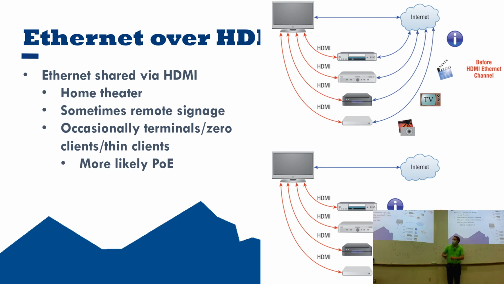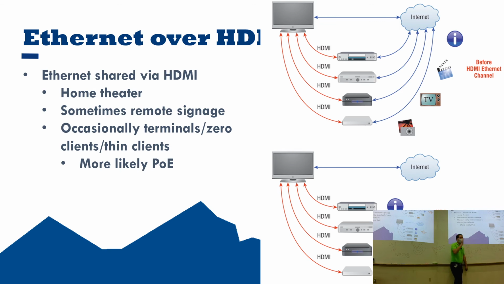Okay, so if we're doing it this way, what is the problem here? If we had a thin client, what is the point of getting an HDMI cable run across a ceiling, for example? Well, there's not really one. It's theoretically possible. You could do it. But what are you more likely going to use? To reduce the number of cables, you can instead use PoE.